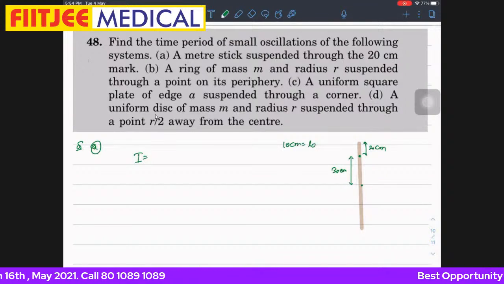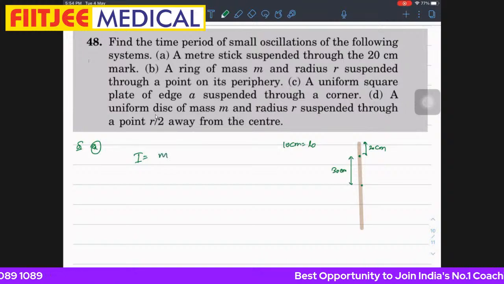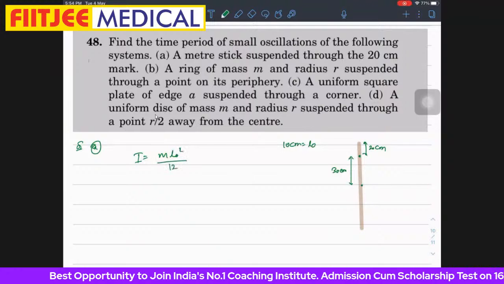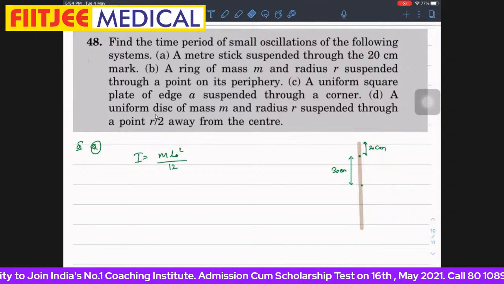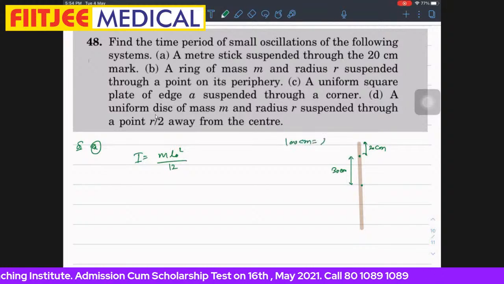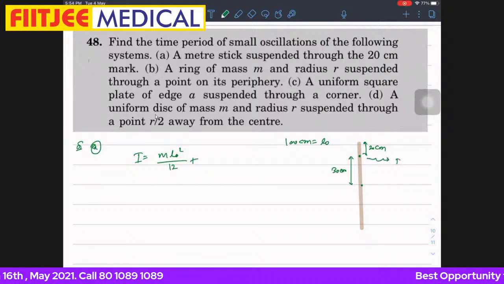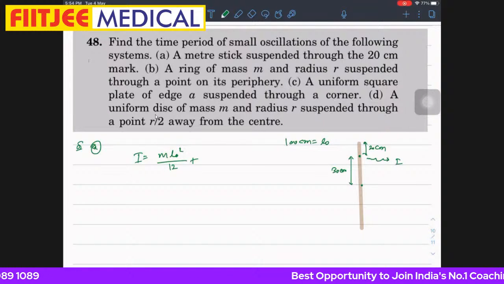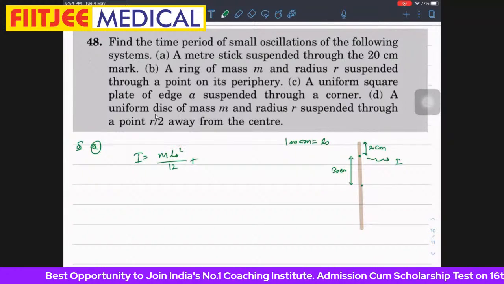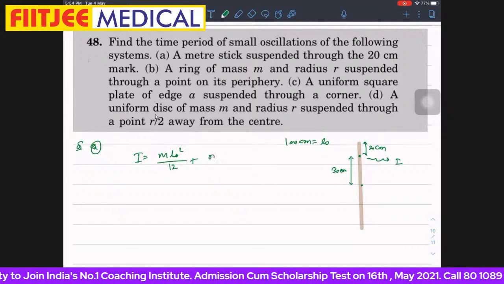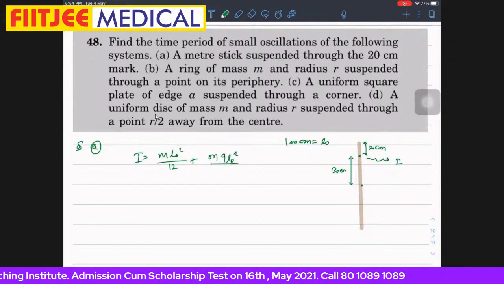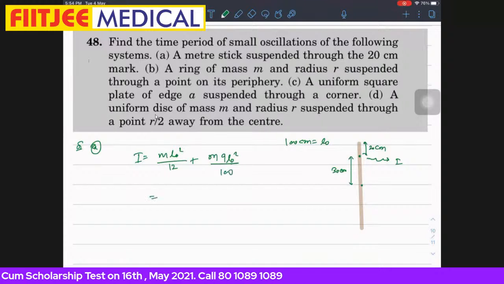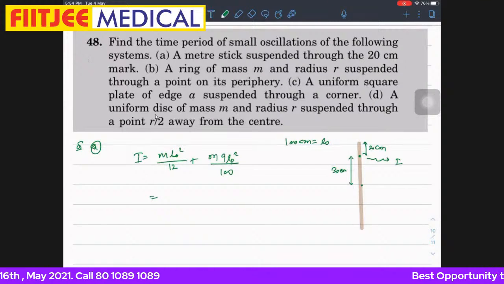About the center of mass it is m L naught square by 12, plus, from the parallel axis theorem, because we need the moment of inertia about the point of suspension, the distance 30 centimeter becomes 3L naught by 10, so m into 9 L naught square by 100. So this is our moment of inertia.